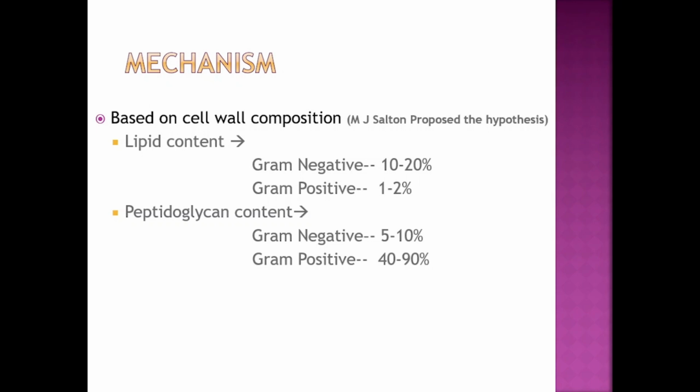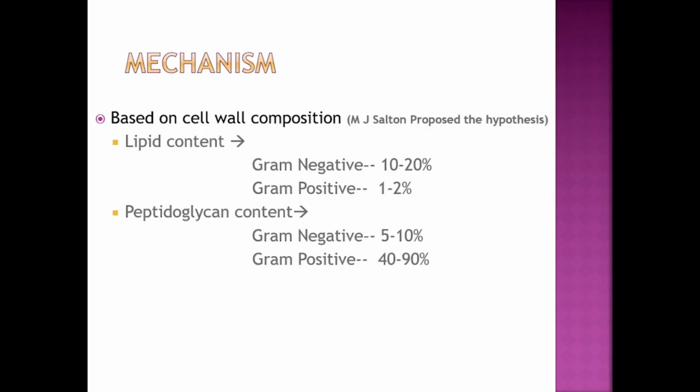The lipid content in the gram negative cell wall is 10 to 20%, whereas in gram positive it is only 1 to 2%. Hence, when we apply the primary stain crystal violet, it forms a complex with the mordant gram's iodine to form a CVI complex. When the cell is treated with the decolorizing agent, the lipid from the cell wall of gram negative bacteria is extracted, which results in increased porosity of the cell wall.